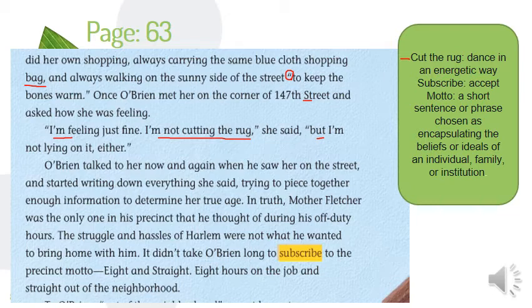O'Brien talked to her now and again when he saw her on the street. Now they are a little bit familiar with each other, and they started writing down everything she said. Why? Trying to piece together. Piece together means to put pieces together. Enough information to determine her true age.